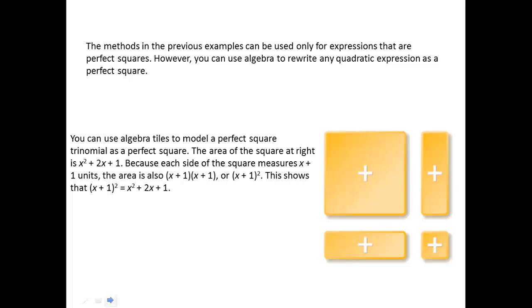So this represents a perfect square trinomial. We have x squared, and then each side is x plus 1. All right, so if you follow along here, it's x plus 1. And then if we look at the completing of the square, it's x squared plus 2x plus 1. That's how we look at the trinomial.